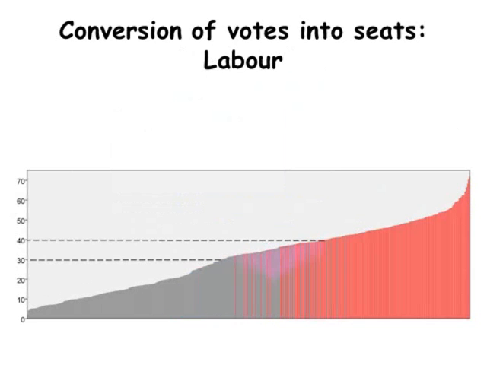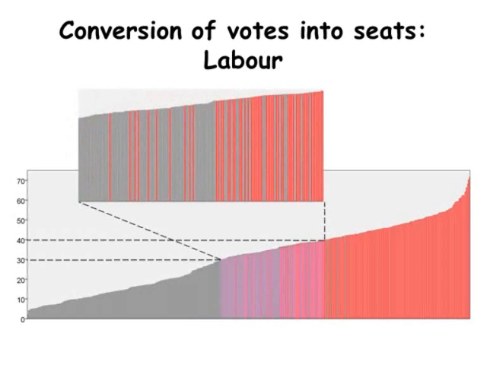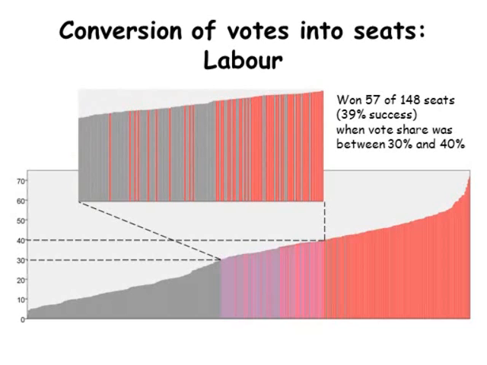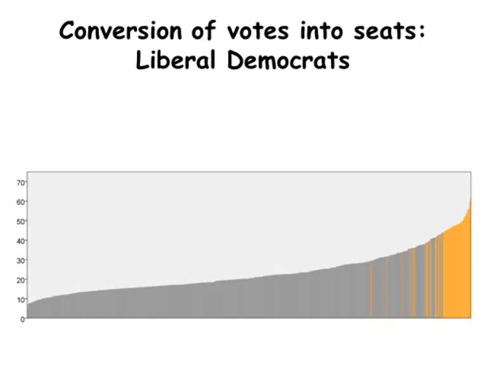Do exactly the same procedure for Labour, ranking them from worst to best. Again, looking at the 30-40 category, showing a red line for a Labour win and a grey line for a Labour defeat, we can see a rather better success rate: 57 of 148 seats won. What about the Lib Dems? That's their vote distribution.